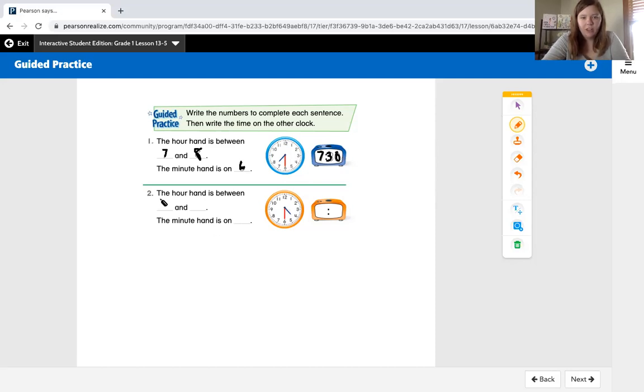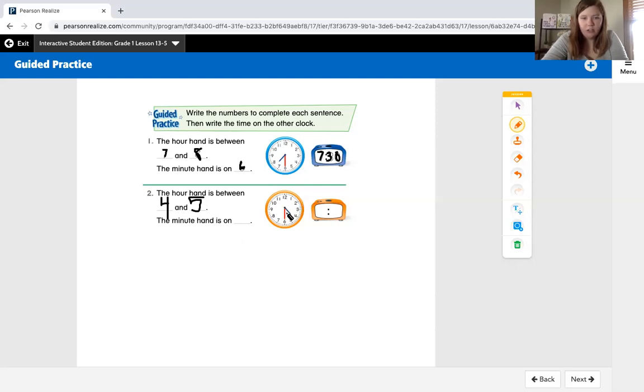Number 2, the hour hand is between what numbers? Look at the clock and look where your short hour hand is pointing. Your hour hand is between 4 and 5. Where's your minute hand pointing?